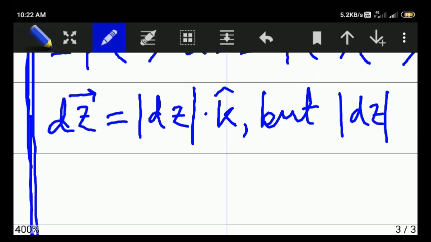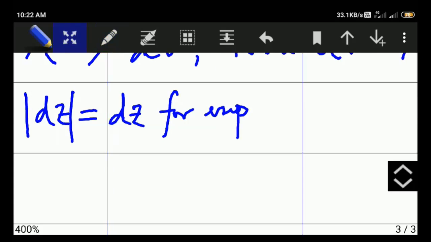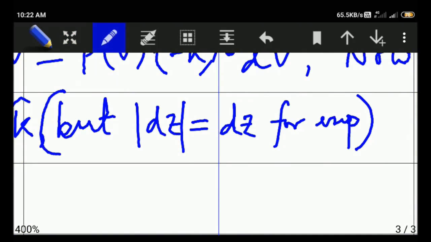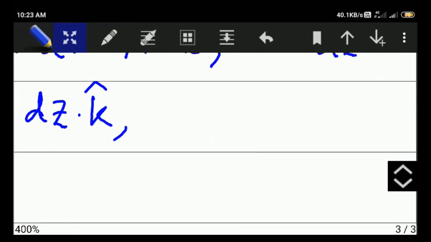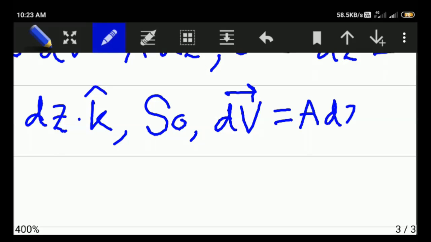When the gas is expanding, dz is positive, so I can write the magnitude of dz is simply dz. So vector dz is equal to dz into the unit vector k. Now I can write the incremental volume vector equal to A dz into k vector, that is equal to dV into k vector.